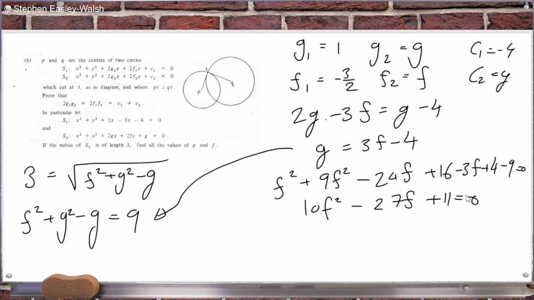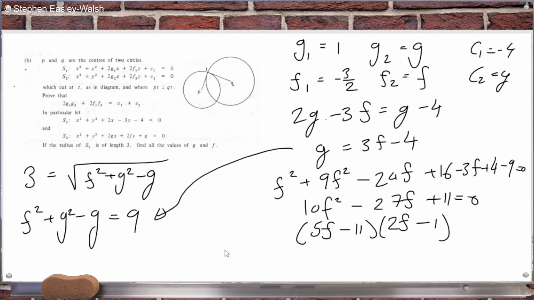Let's see about this one now. That at least has factors: 5F minus 11 and 2F minus 1.